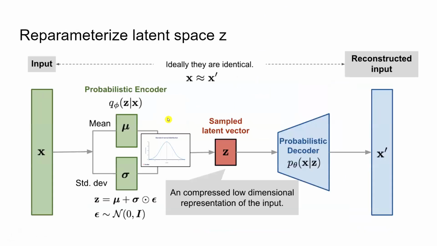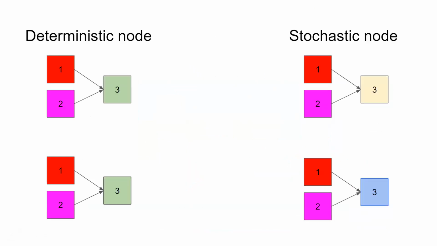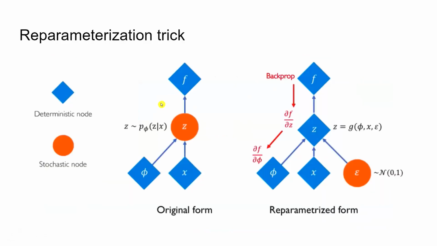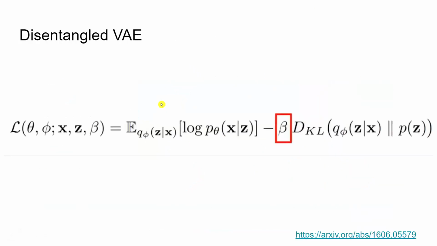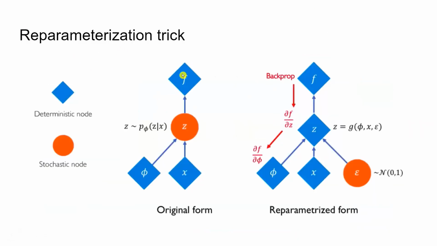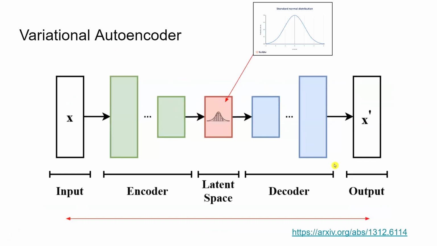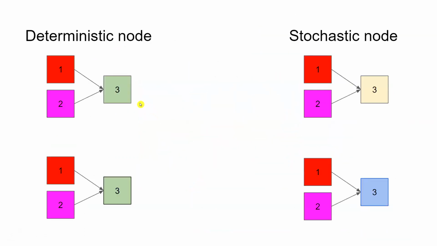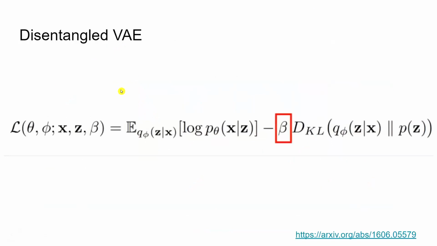And when I talked about this before, reparameterization, variational autoencoder, and then deterministic nodes, stochastic nodes, trick. There's another. So this is the regular variational autoencoder, but then there's a specific type of variational autoencoder, and they call it disentangled. All they do is, so this is the KL divergence.